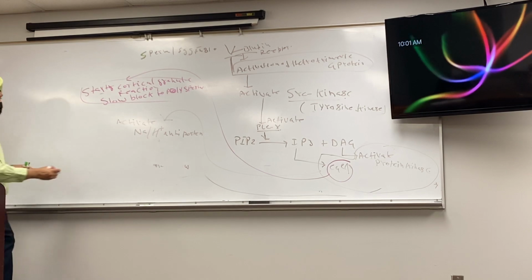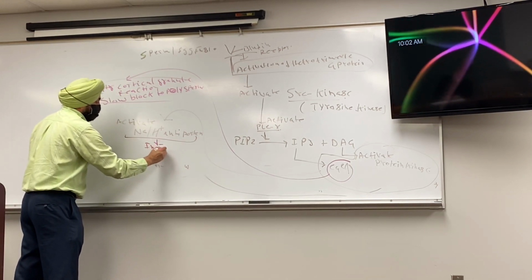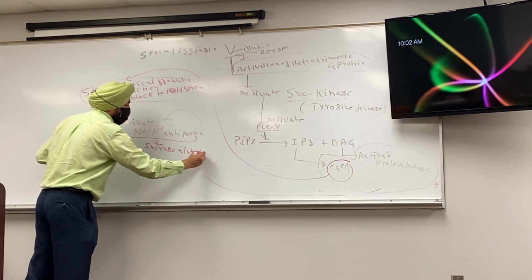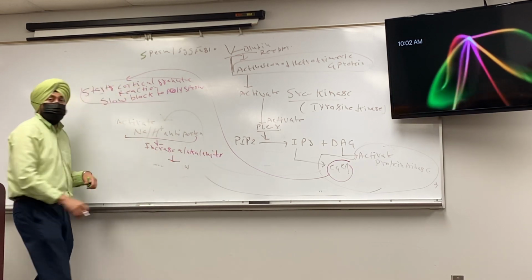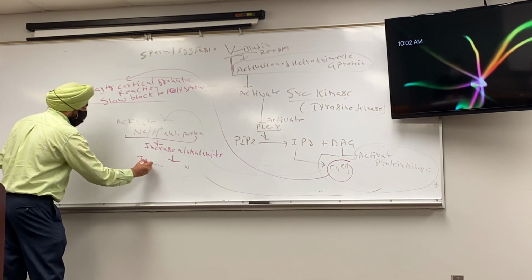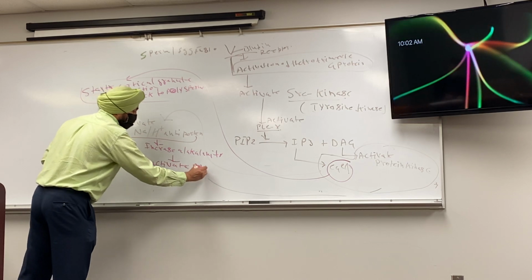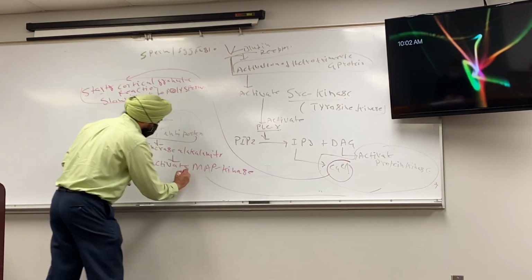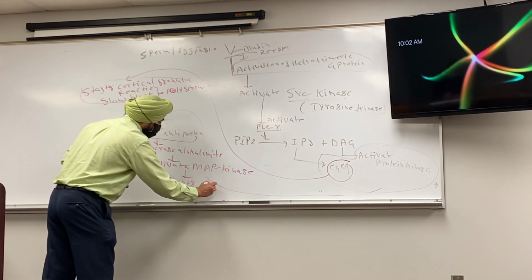Now, this activated channel increases alkalinity, and what it does is essentially inactivate MAP kinase, and that starts the cell cycle.